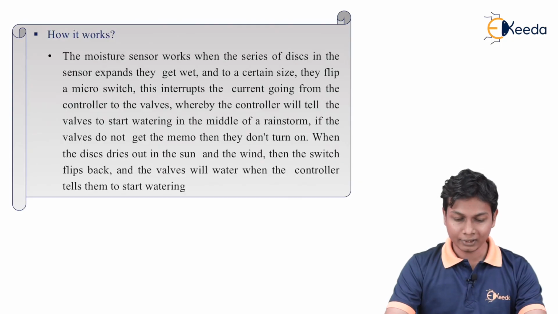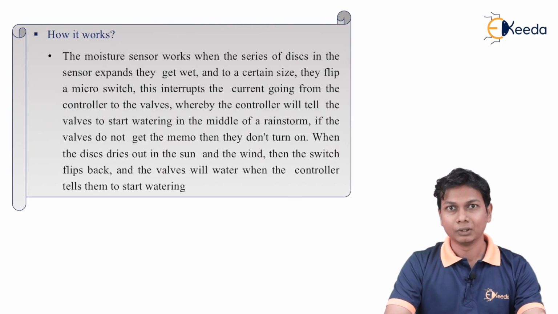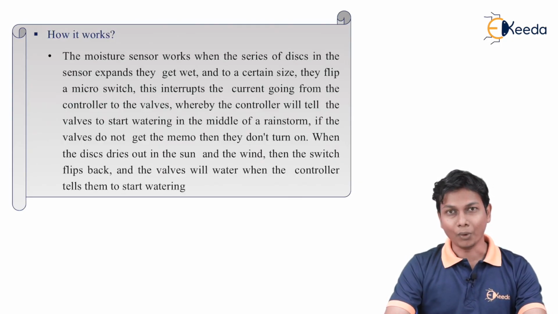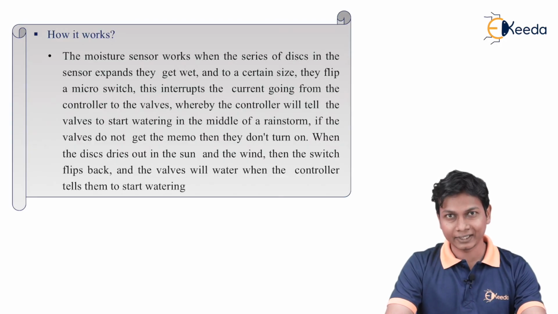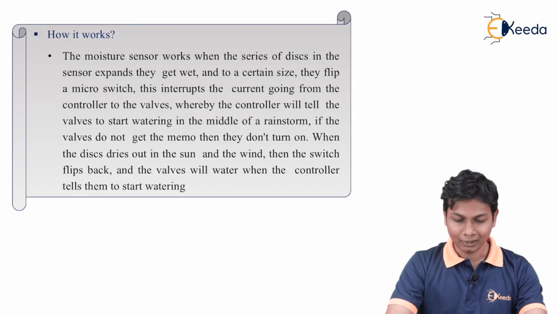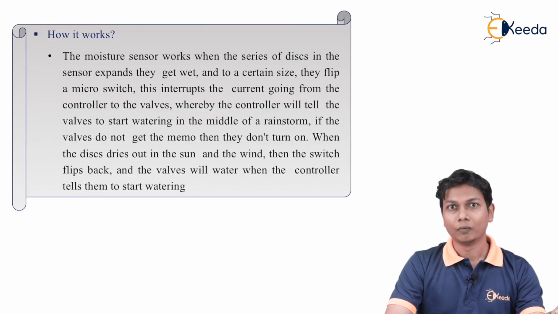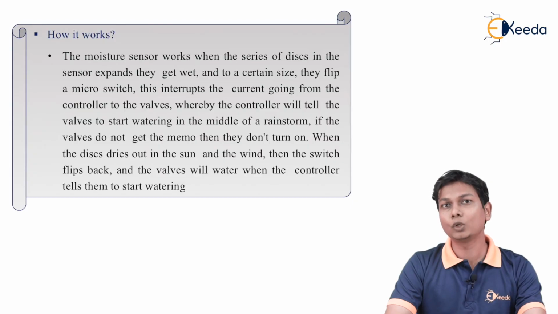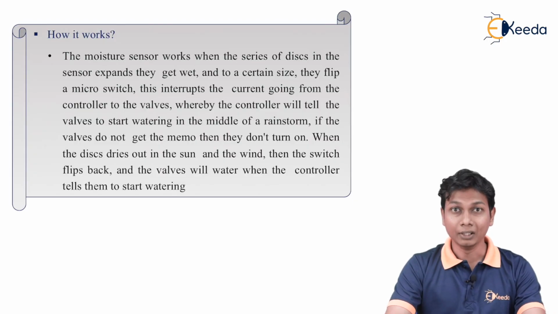Meaning, in a rainstorm period, most of the time the moisture of the soil increases, that is sensed by the sensor, and the watering required for the crop is less.